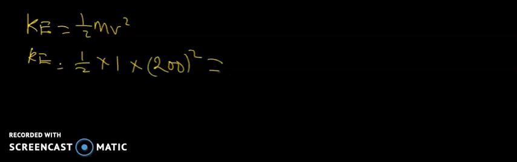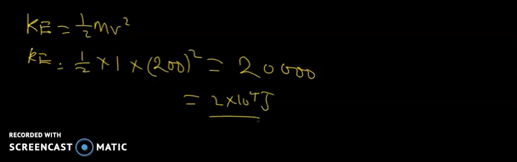If you put this in your calculator, you get approximately 20,000. And 20,000 is nothing but 2 times 10 to the power 4 joules. So this would be the kinetic energy of this 1 kg block as required. Let's look at the next question.